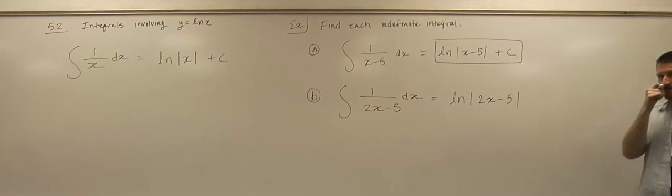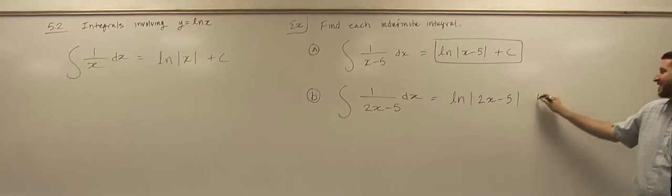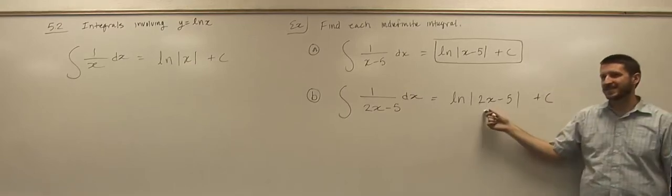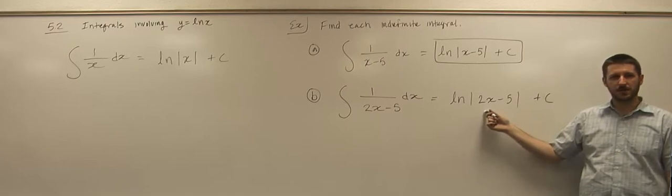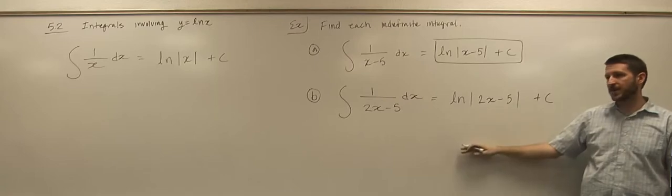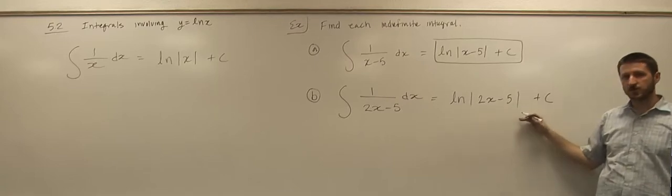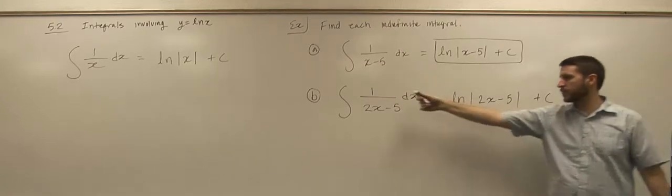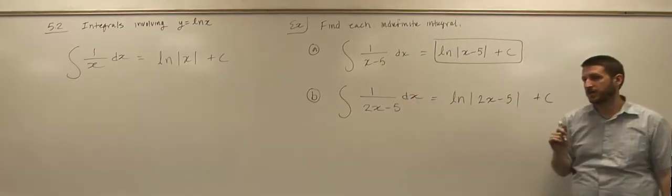That would be too easy, right? Why isn't it this? Because that's not the derivative. If you do the derivative of this, you would get 1 over 2x minus 5 times 2. So you're getting an extra 2 that you don't have here.